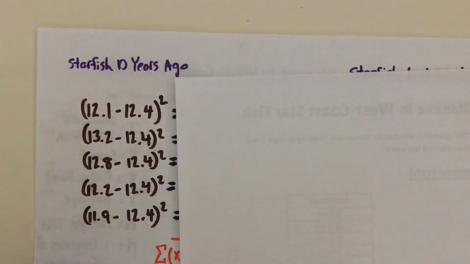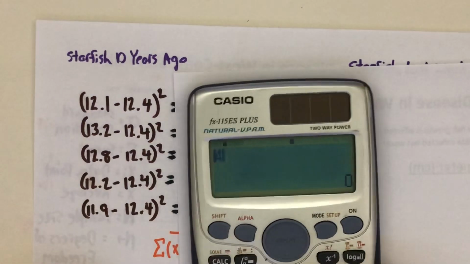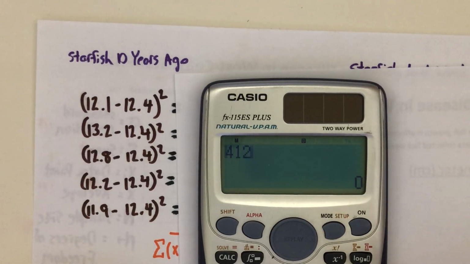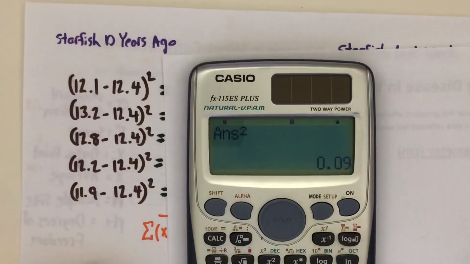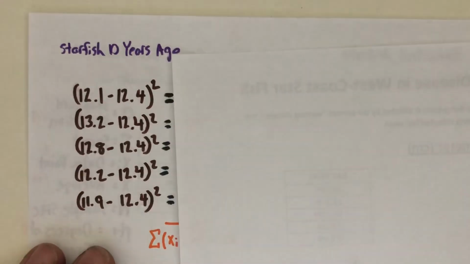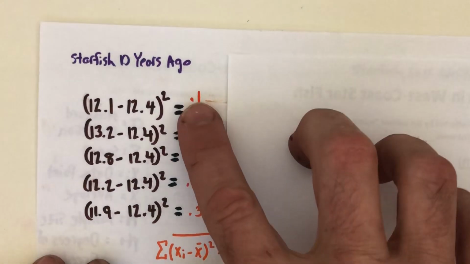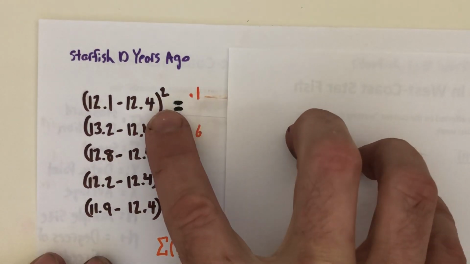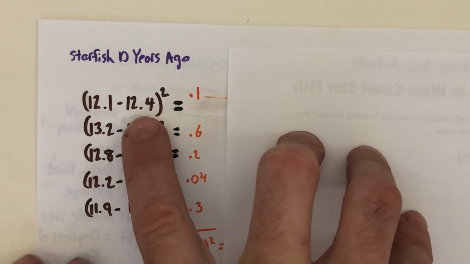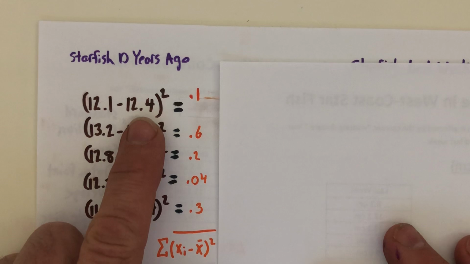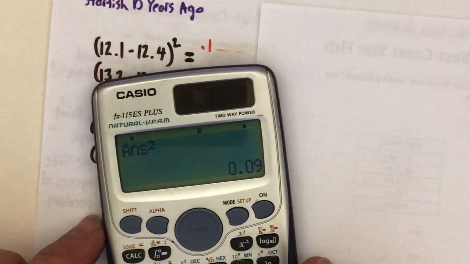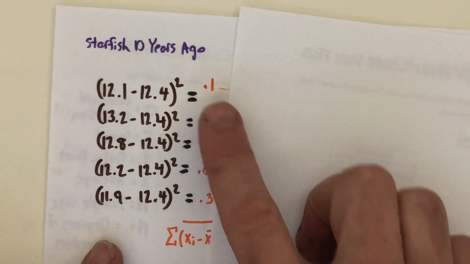Let's just do one of those real quick. 12.1 minus 12.4, and we square that, and we get 0.09. I'm rounding that to 0.1 because of sig figs. When I'm subtracting, I'm only allowed to have the fewest digits after the decimal. This is 2 digits after the decimal, 0.09, so I'm rounding that to 1 digit after the decimal.